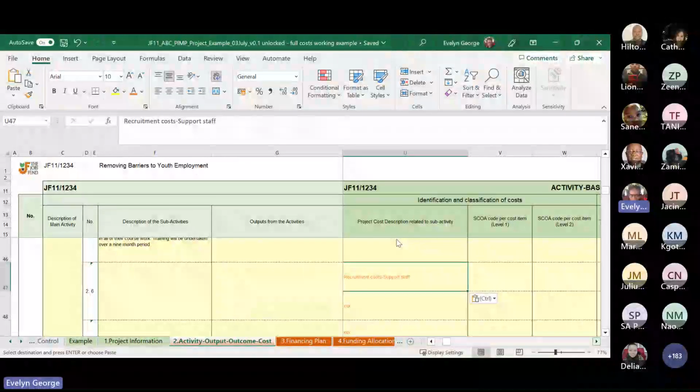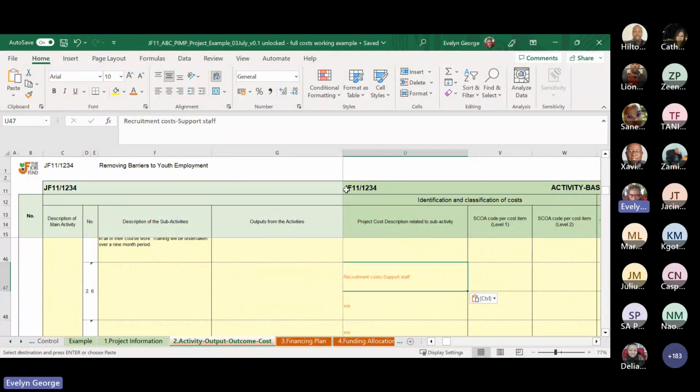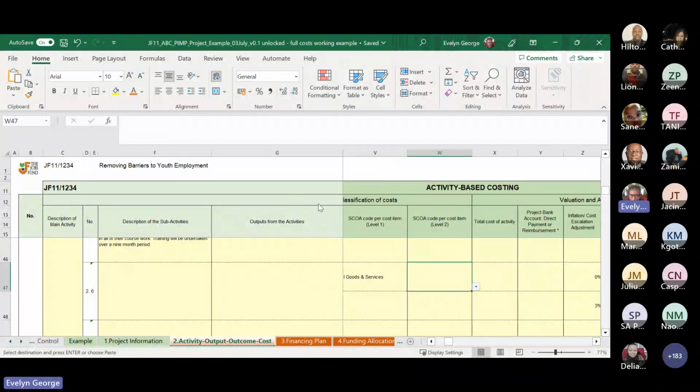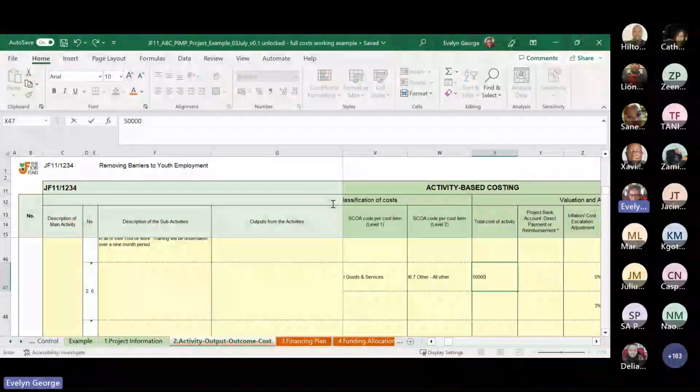So those 3 new staff members are coming through this recruitment process. There is a cost associated with it. We try to cater for many things, but where it doesn't fit neatly, you can select the all other option. And we are saying it's going to be 50,000.